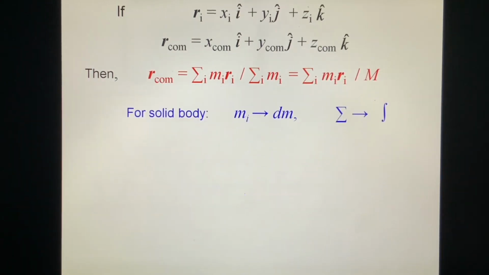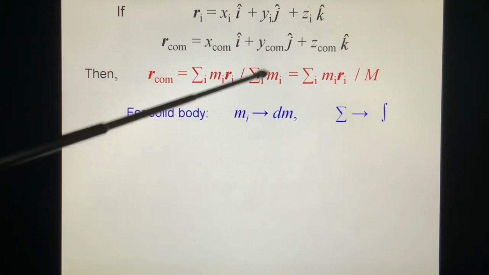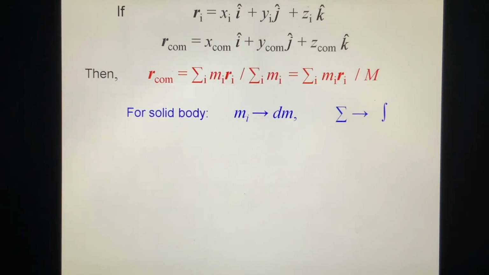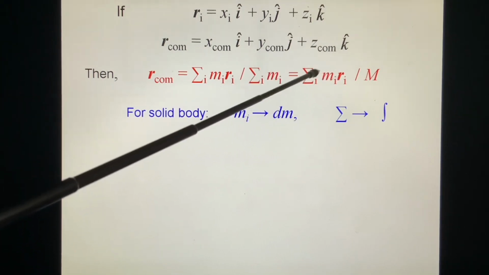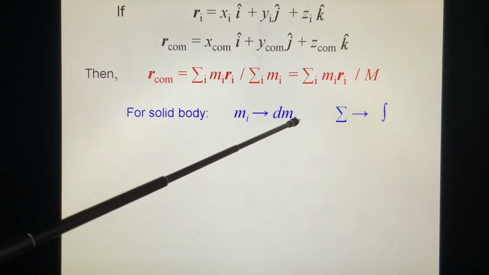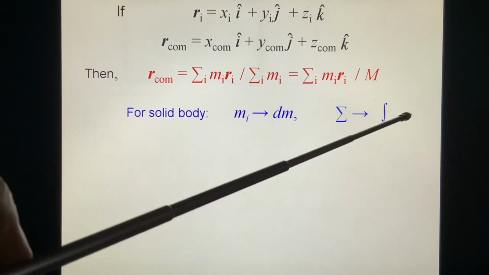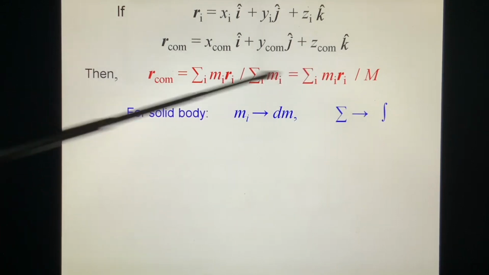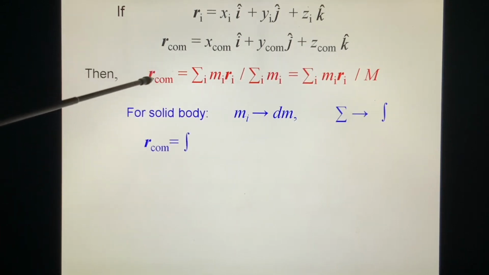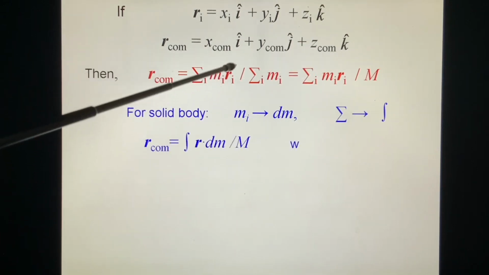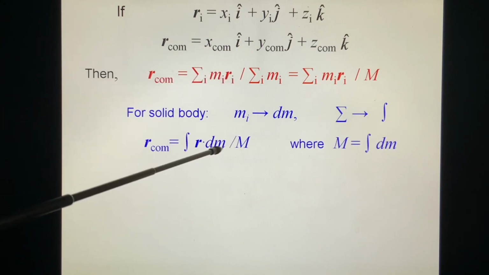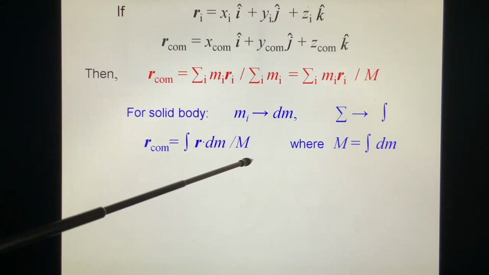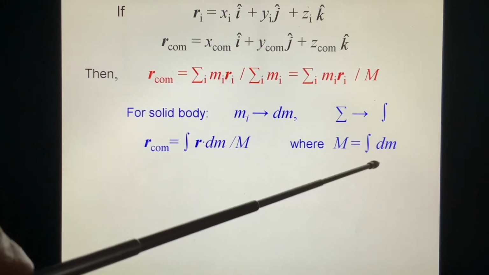Furthermore, if it is not separate masses but a solid body, we cannot separate one mass from another mass. So we change this mi to dm, a very small mass, and the sigma becomes an integration. So the above equation becomes r com equals the integration of r dm divided by M, where M is the total mass.